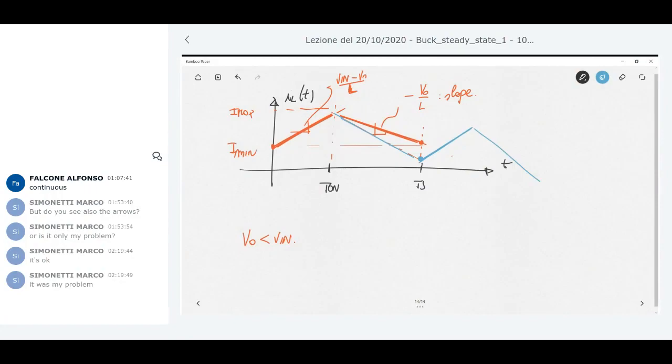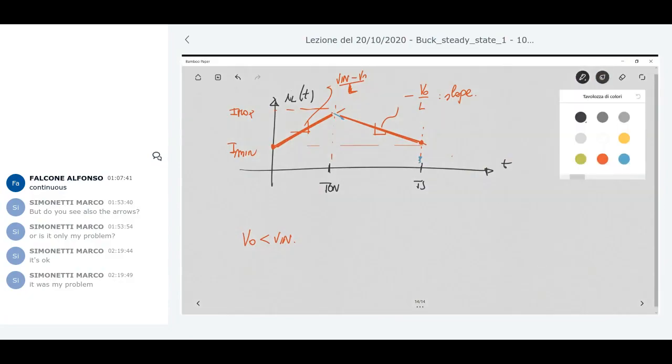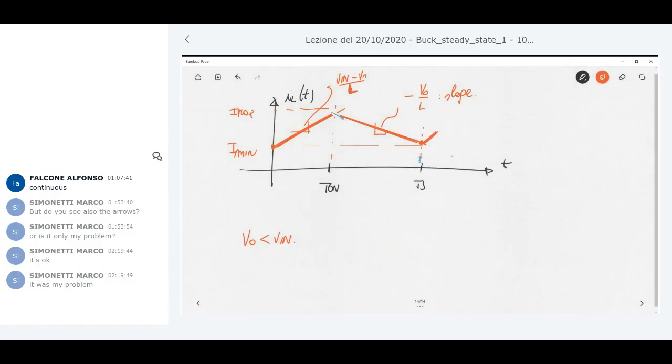Okay, so using this hypothesis, the final current through the inductor should be the same as the initial current through the inductor, due to my cyclostationary steady state condition. So cycle by cycle, I have the same wave. Okay, so it is the same as this current here. I max is the same.